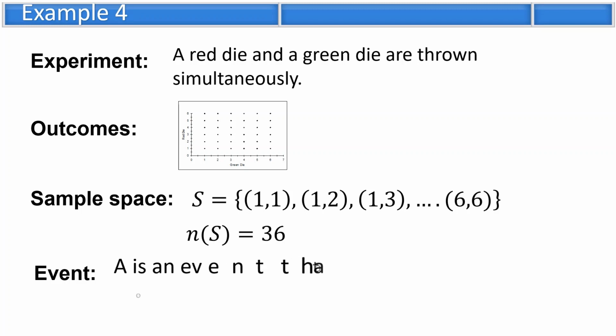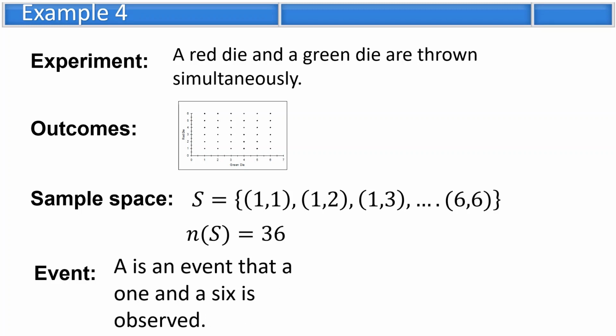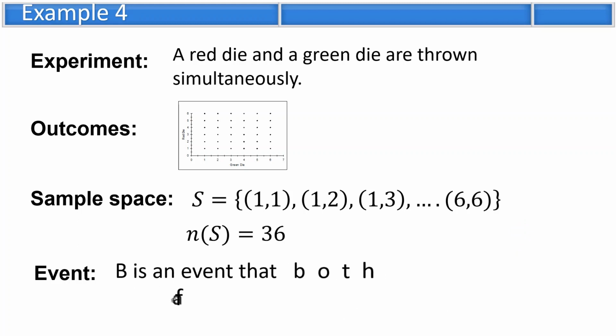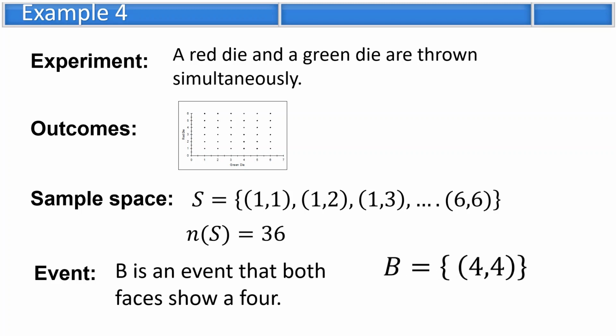Let A be the event that a 1 and a 6 is observed. Then set A is the pairs (1,6) and (6,1), and N of A is 2. Let B be the event that both faces show a 4. Then set B consists of the pair (4,4), and N of B is 1.